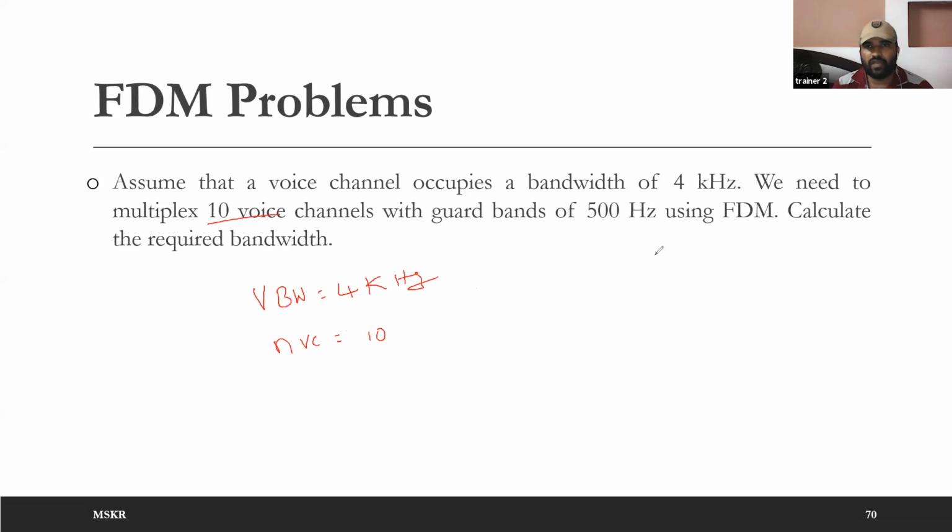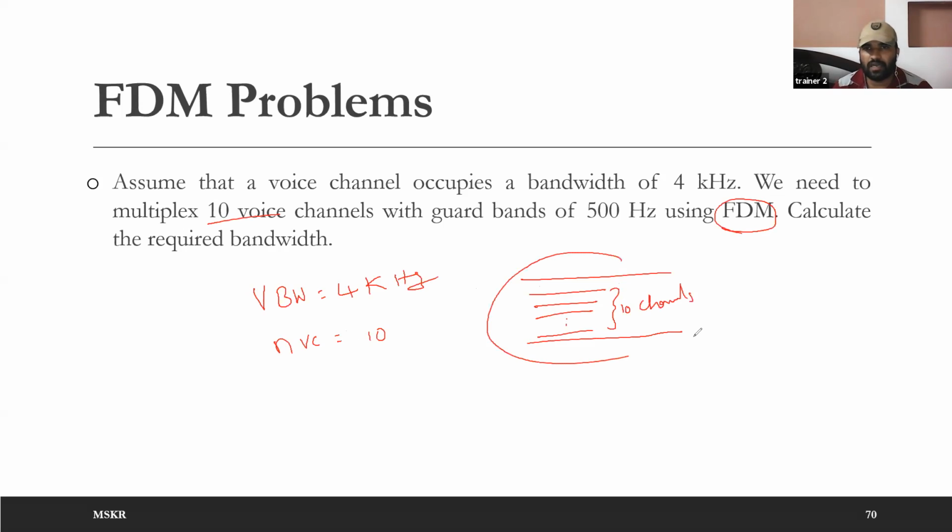If you are using FDM, your communication medium must be divided into 10 channels. That means your big road must be divided into 10 lanes, where each lane will be allocated for one voice channel. So total 10 channels, 10 lanes, with each lane of width 4 kilohertz.